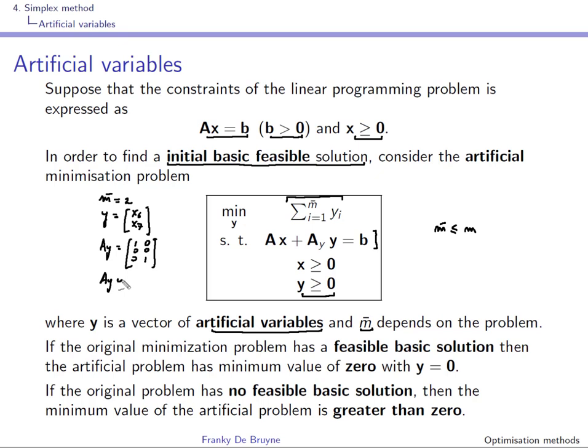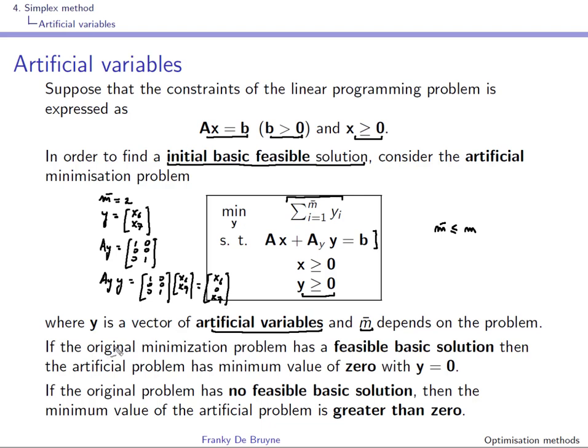Ay times y is 1 0 0 0 0 1 times x6 x7, and that's equal to x6 0 and x7. As you can see, we have indeed added the variable x6 in the first equation and x7 in the last equation, and we have left the second equation untouched because we had already a variable that can act as a basic variable, and this was x5.